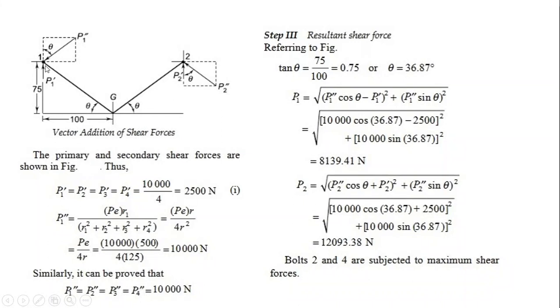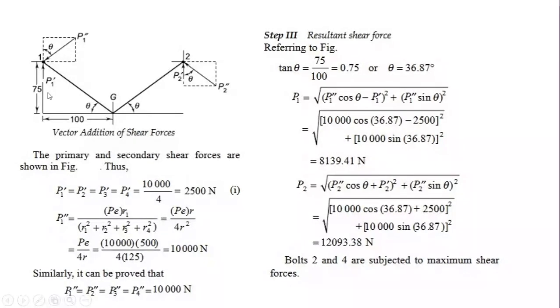This line is R1. The secondary shear force acts perpendicular to the radius line. The primary and secondary shear forces are shown in the figure.